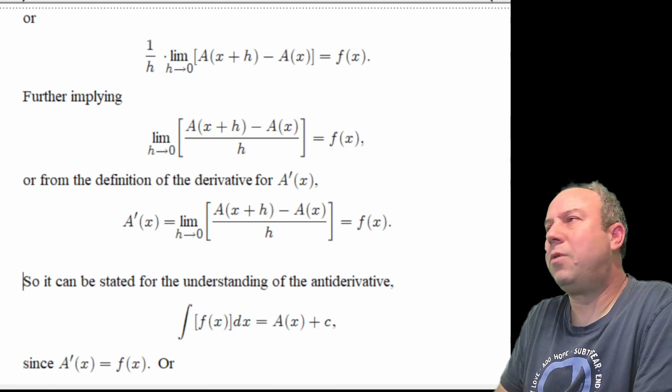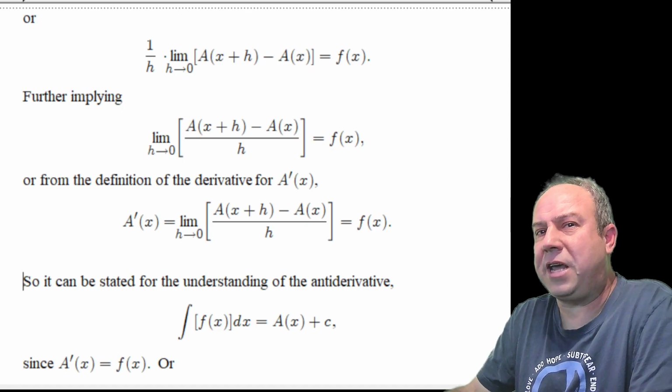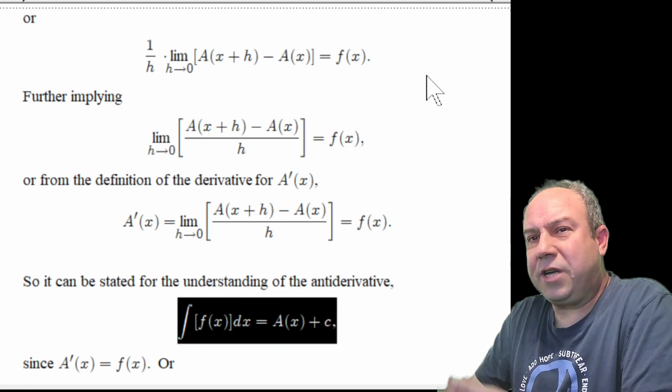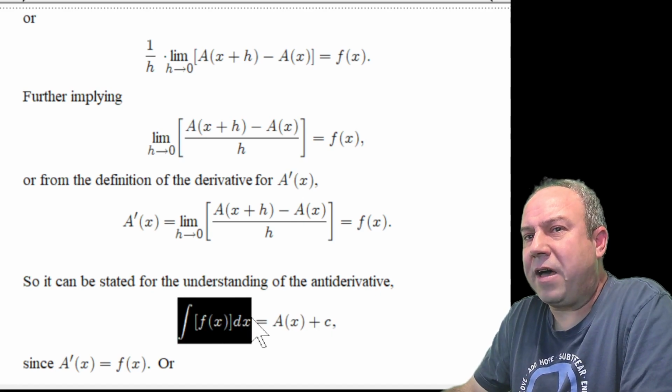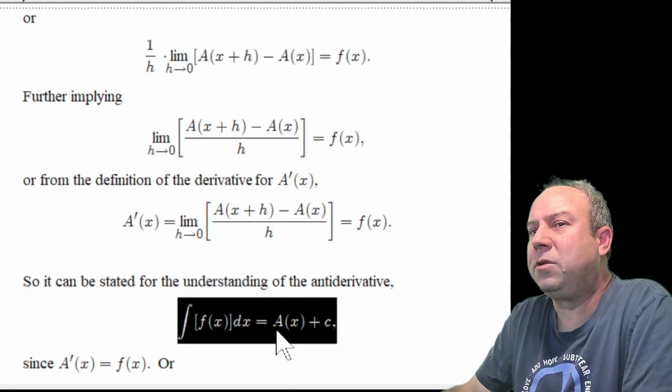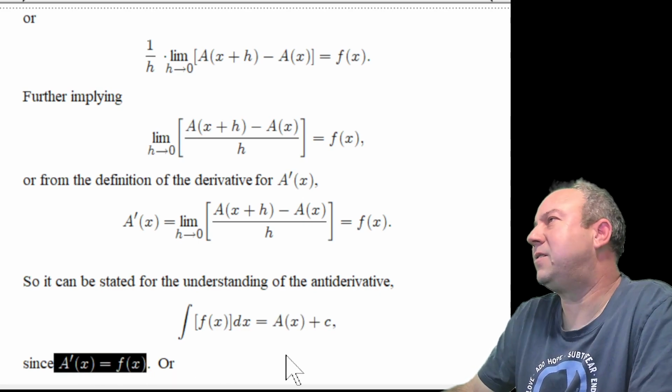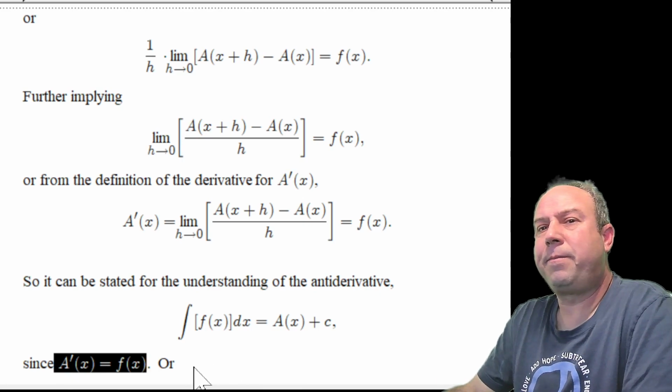So what we can do is go back to our statement for the understanding of the antiderivative, which says that the antiderivative of f of x dx would be equal to A of x plus c, since what we've just said is A prime of x is equal to little f of x.